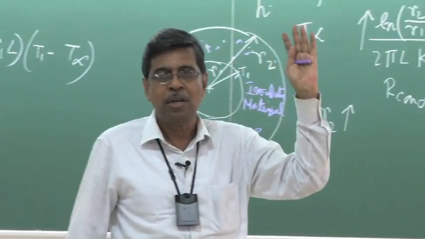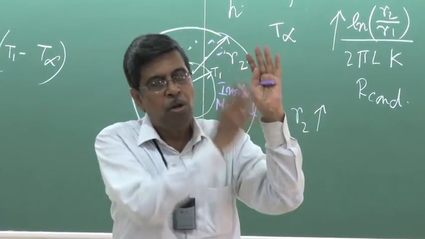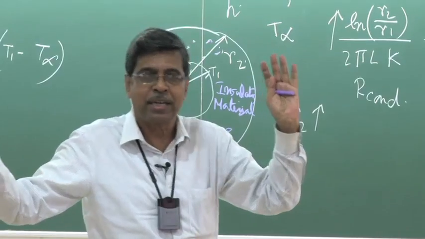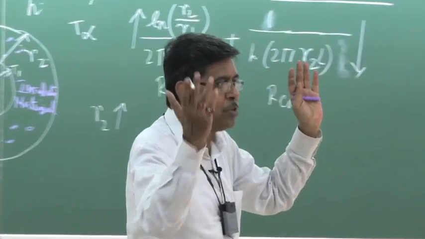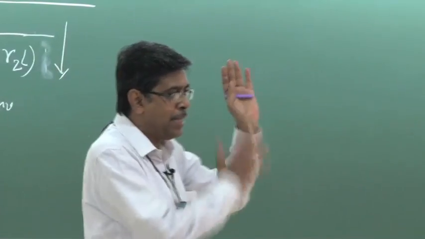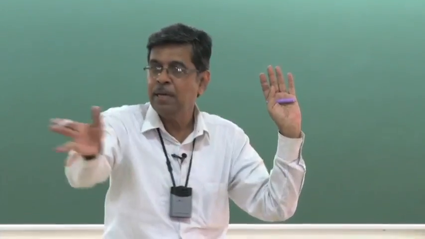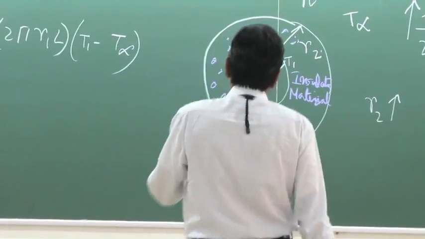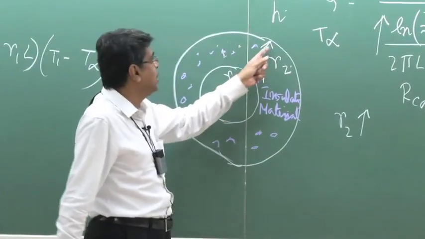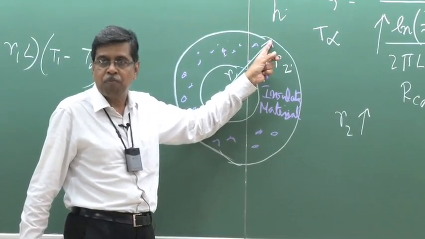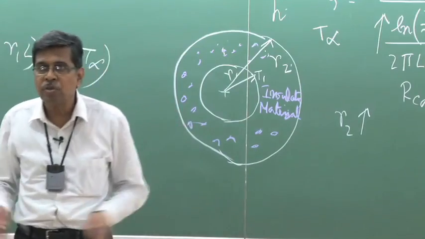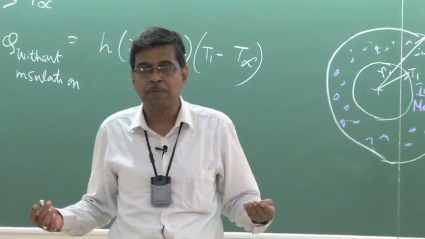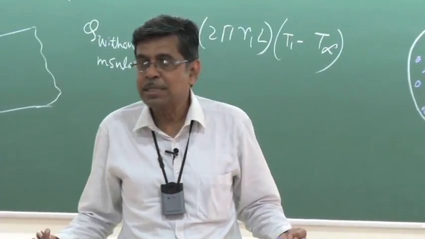There, Q is a monotonically decreasing function; Q will always decrease, or the resistance will always increase, if you go on adding insulating material, because surface area is independent of the length along which heat flows. But here, if you increase the length of the heat flow path, the surface area also increases, so convective heat transfer from the outer surface increases.